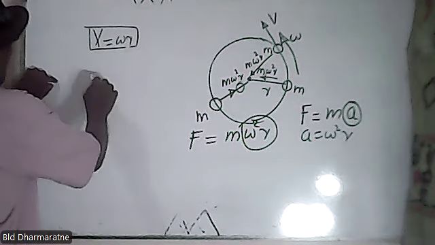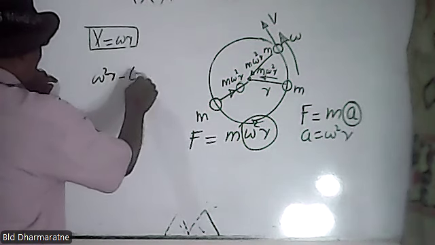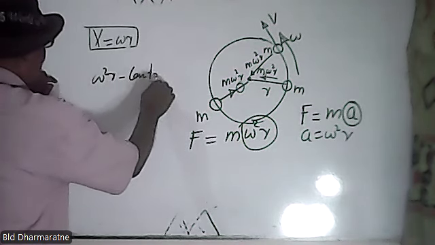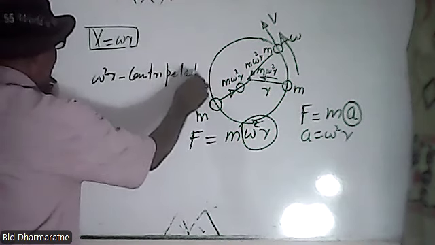Omega squared r is the centripetal acceleration.